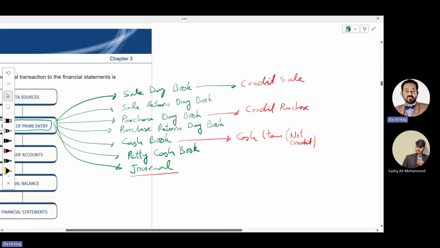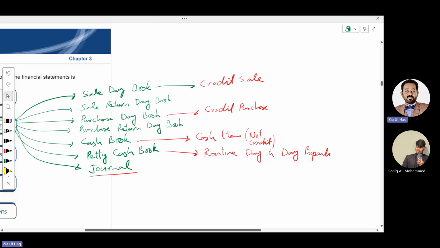What is the petty cash book? Petty cash book is a book where we record the routine day-to-day expenditure. There are some routine day-to-day expenditures of the business. What could those be? If any guest is coming into the business, you need to offer him coffee, cold drinks. The amount of that coffee and cold drinks expense will be recorded in petty cash.